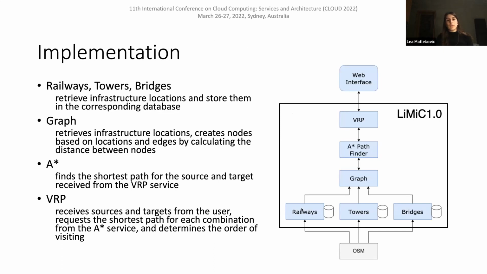Here we have railways, towers, and bridges, 3 different services, which extract these infrastructure locations from OpenStreetMap's open source data, save them to the database, and serve them to the graph service or to the web interface for visualization.